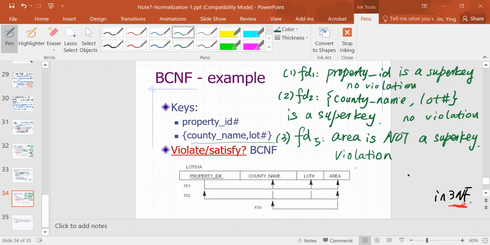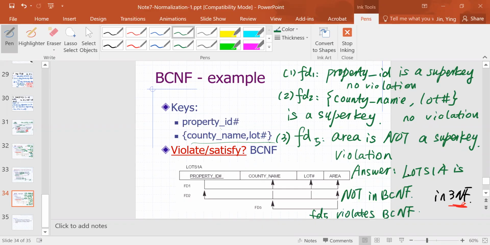So as a result, this one is not in BCNF, right?